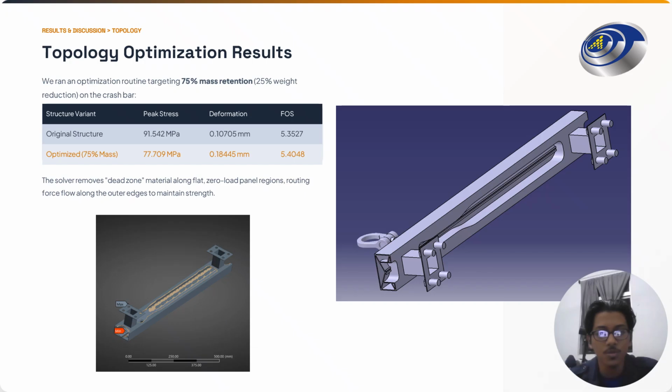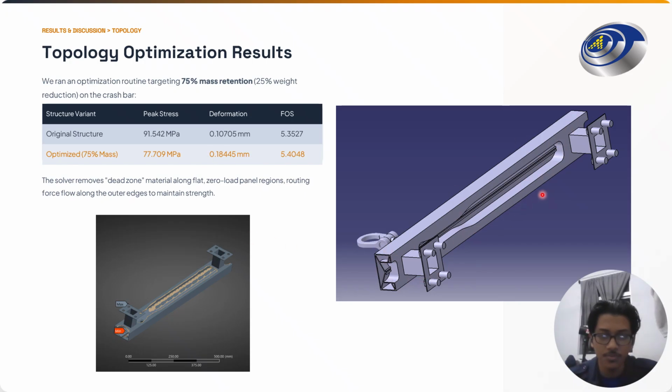And by doing so, we got a 77 megapascal peak stress, which is a lot less stress than we got from our original structure. When it comes to deformation, we got slightly more deformed because of the material that we removed.